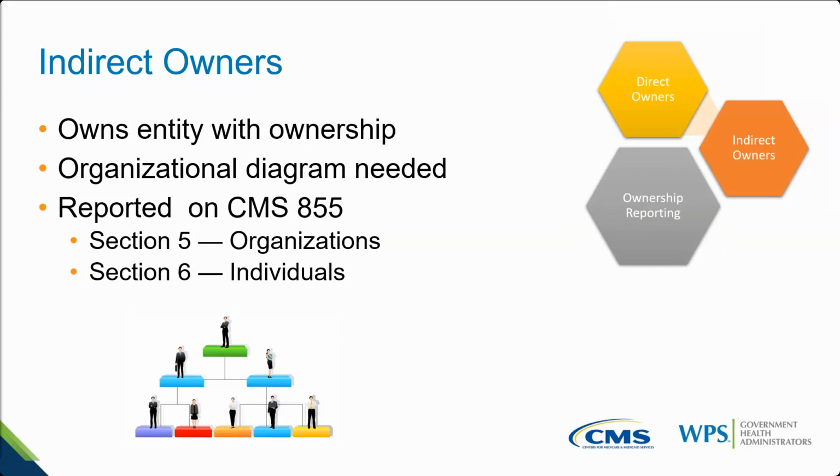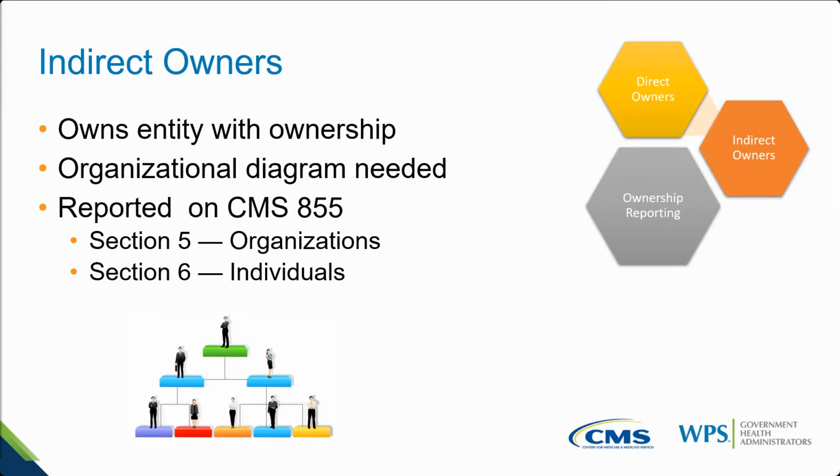Next, we're going to get into indirect owners. So indirect owners gets a little bit more murky. It gets a little bit confusing. At this point, we are looking for entities or individuals that have ownership in an entity listed in Section 5 that has ownership of the enrolling provider in Section 2.